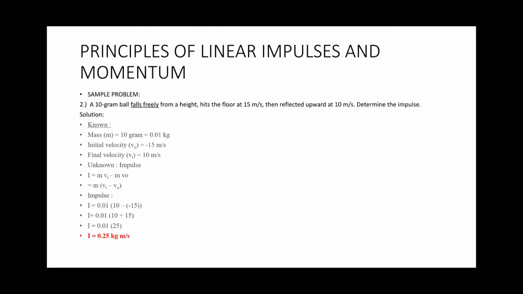Impulse equals 0.01, which is the mass, multiplied by 10 minus negative 15. I equals 0.01 times 10 plus 15. We get 0.25 kilogram meters per second. That's the change in momentum of the ball.